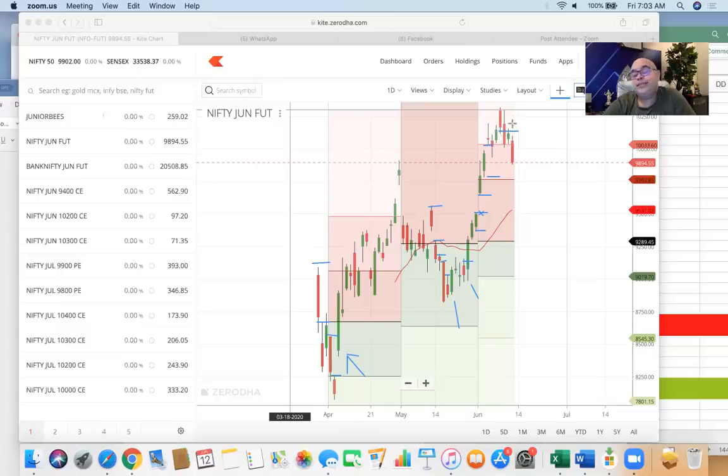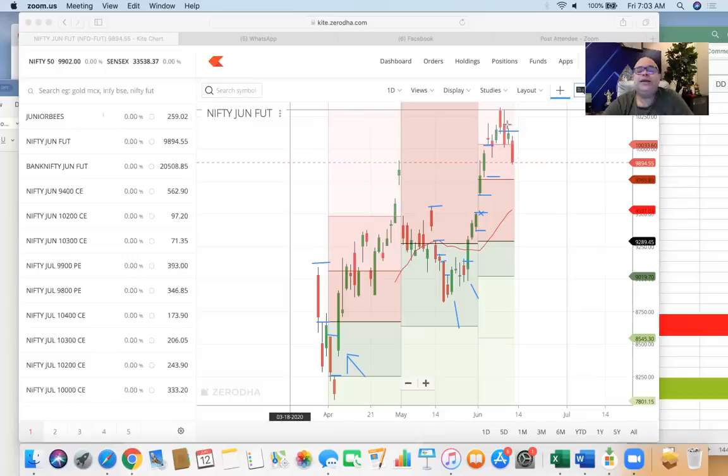So what I have seen is that this is a market where it's impossible to talk support and resistance levels without some sort of an objective methodology.